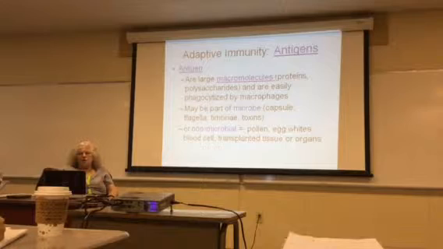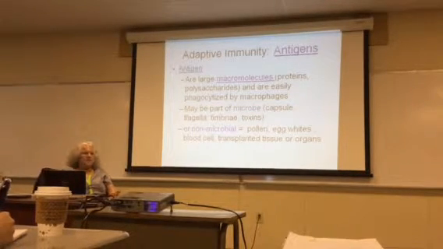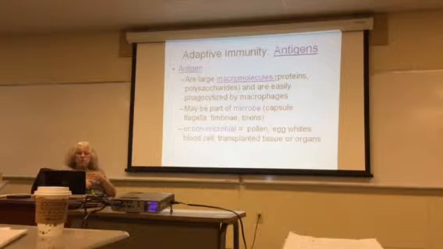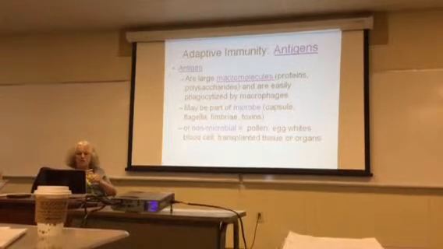Most antigens are large macromolecules, and they're easily phagocytized by the macrophages. They could be part of the microbe, like part of the capsule, the flagella, membrane, or toxins. Just any part of that can be the antigenic part.